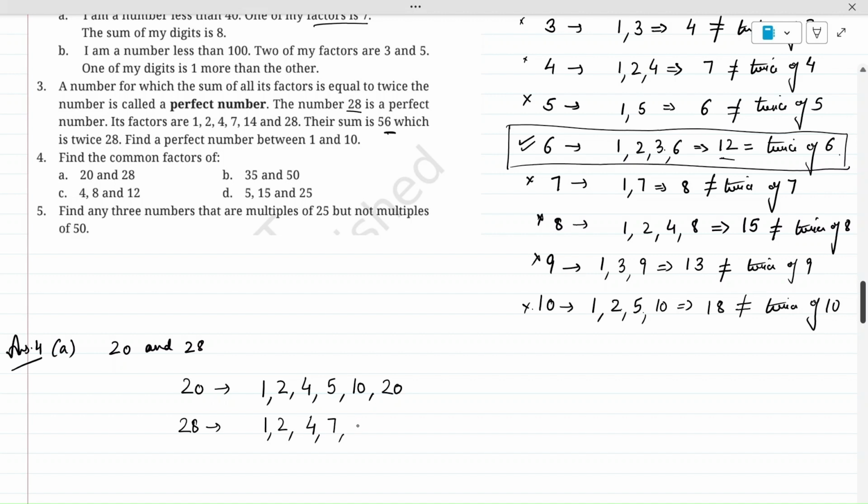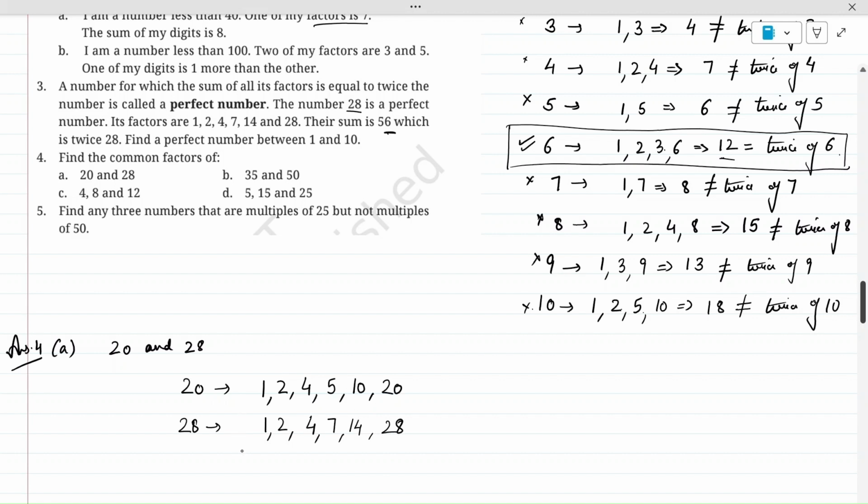Then straight away we can go to the number 14. 14 is a factor. And after 14 what we have is 28. This is also a factor.